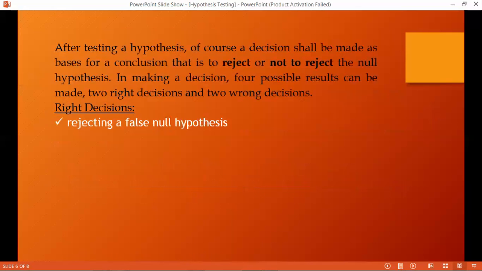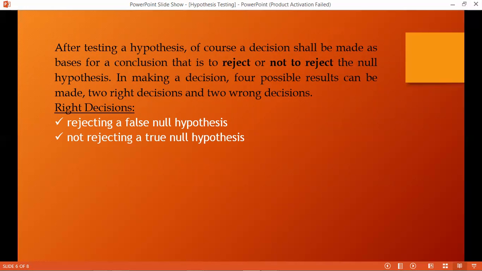Okay. Now, after you test the hypothesis, of course, a decision shall be made as basis for conclusion, that is to reject or not reject the null hypothesis. In making a decision, 4 possible results can be made. 2 right decisions and 2 wrong decisions. So here are the right decisions. The first one is rejecting a false null hypothesis, and the second is not rejecting a true null hypothesis.